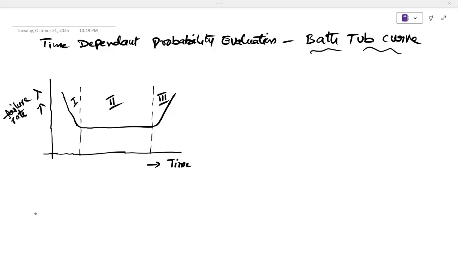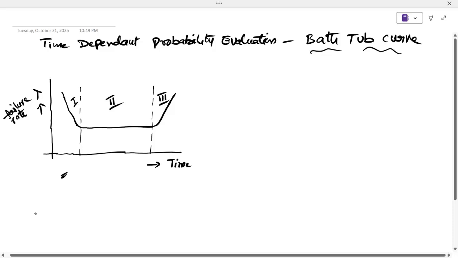So this is the curve which represents the bathtub curve. Why is it called the bathtub curve?